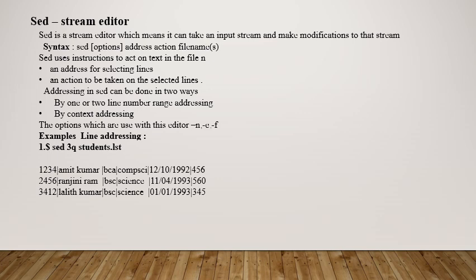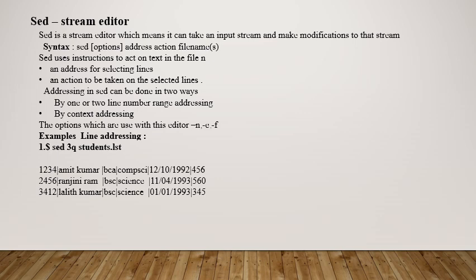So you can see the first 3 lines of student.list: the first one is Amit Kumar, the second line is Rajni Ram, and the third one is Lalit Kumar. This is how line addressing works. Here q is a command, and I want to display 3 lines from student.list.